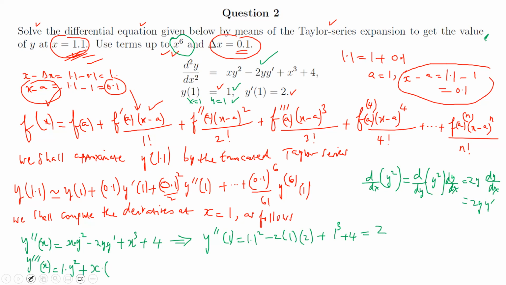If you differentiate y squared, you bring down the power, and then multiply by the derivative of what is under the power. The power is 2 on the y, so what is under the power is y, and we multiply by its derivative, y primed.